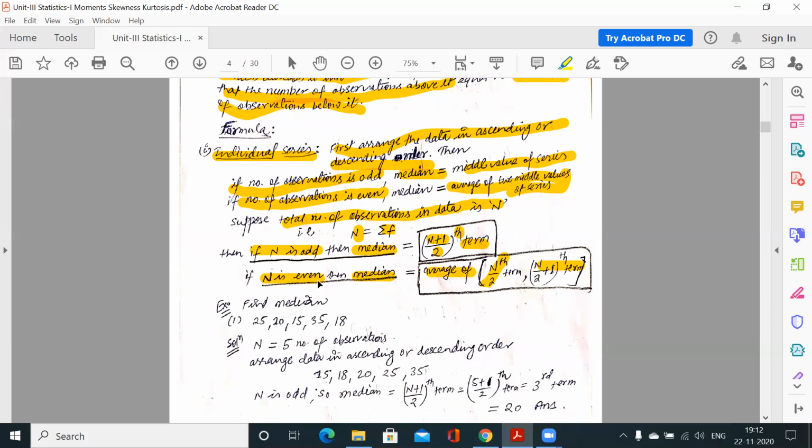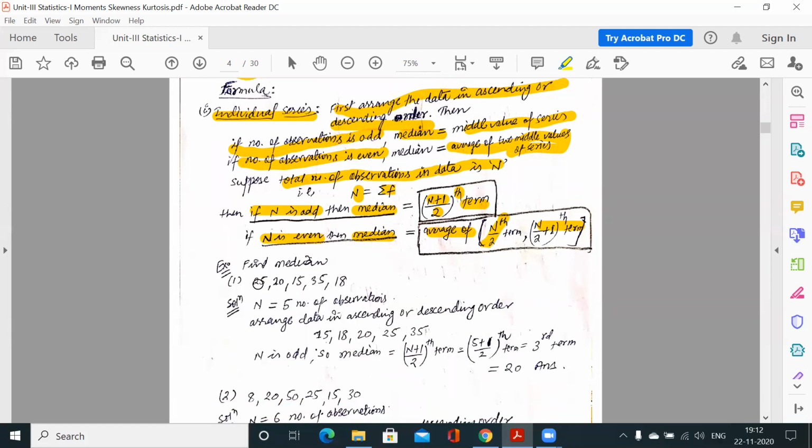So if n is even, we have to calculate the n by 2 term in the data series, and the n by 2 plus 1 next term in the data series. Out of these two values, we have to calculate the average, and that represents our middle value or median of the data.